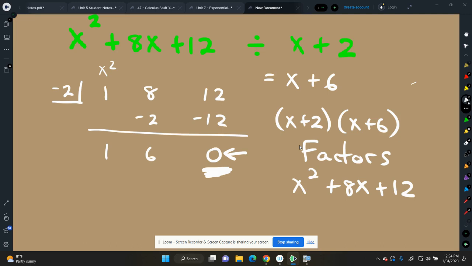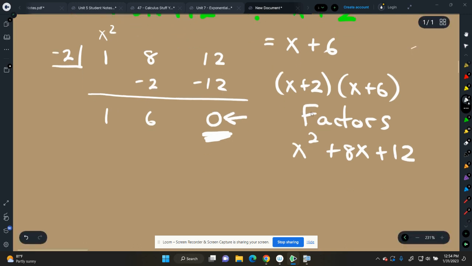Yeah. You like the tabular method? That's so rare. Most people like the synthetic division method. It's kind of a lot of work, more work than the box. You have to go down, drop all of this, take the numbers, take the signs away, drop it down, add, subtract, all of that.